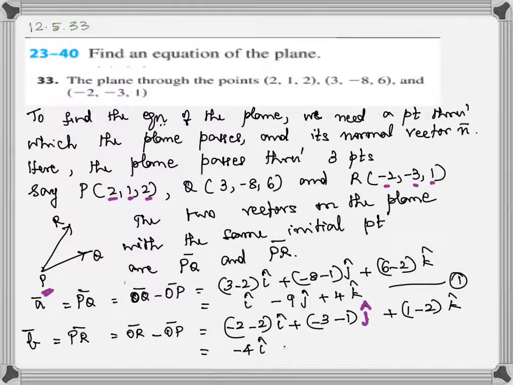So it will be -4i minus 4j minus 1k. Thus we have two vectors A and B that lie in the plane.